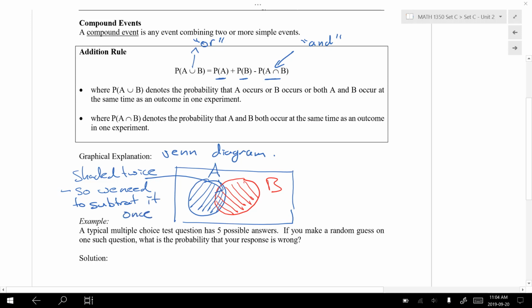This is the reason for our rule. So we have probability of A plus the probability of B less the probability of both. This whole box here, of course, is our sample space.